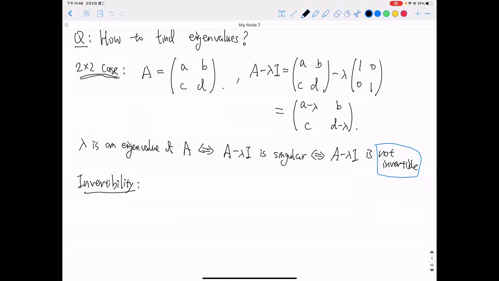In general, not in general, in the 2x2 case only.